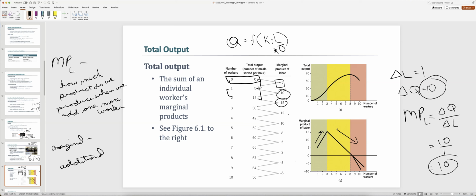And then you get to a point where the 5th worker, the 6th worker, the 7th worker, they're still adding additional output, just not as much. And by your 9th or 10th worker, these workers are making the process less effective. I don't know, they're stealing, joking around, slowing everybody else down. That's when an organization is basically too big.